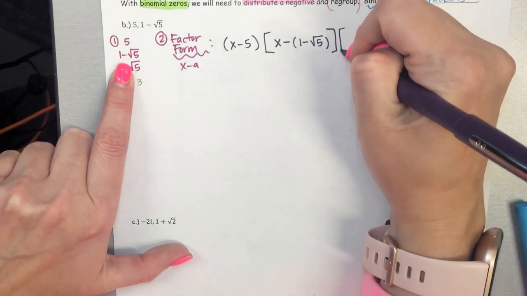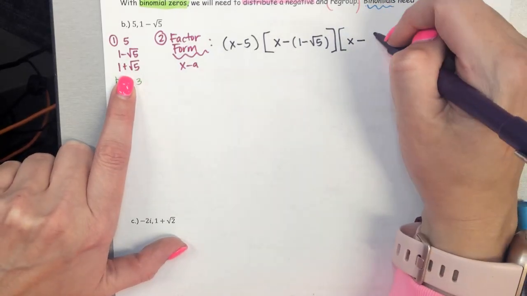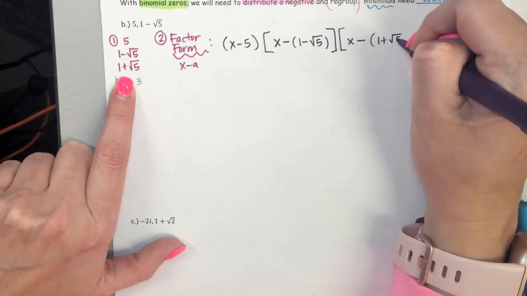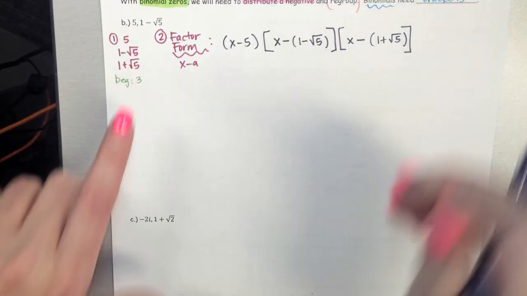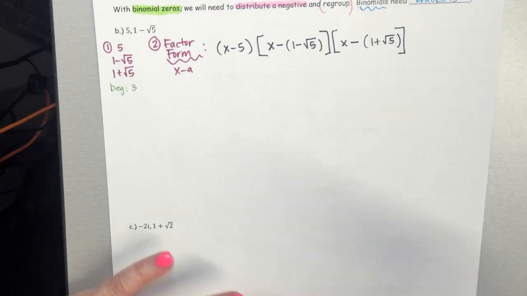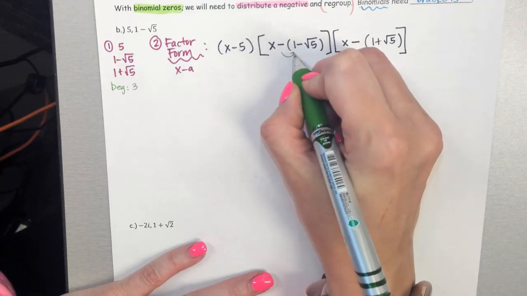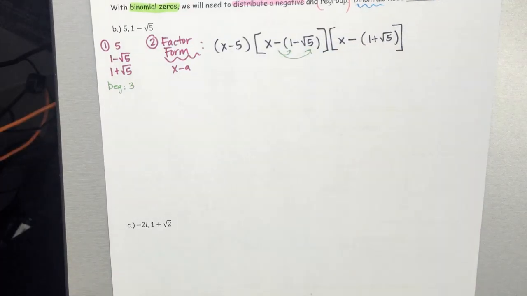And then we do that for the second one as well. From there, you are just simplifying using your algebraic rules. If you have a negative in front of the parentheses, you're going to distribute. We're going to do that together as well.